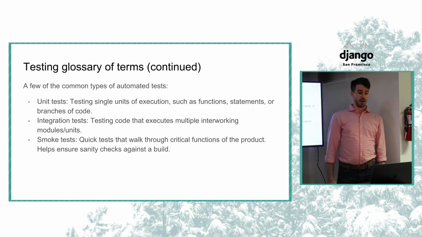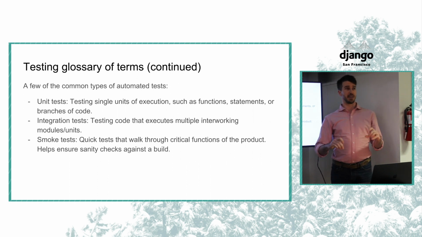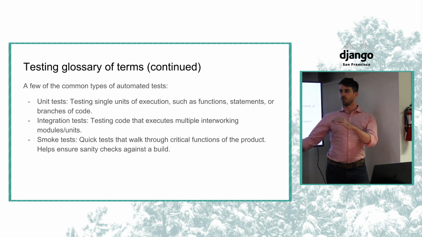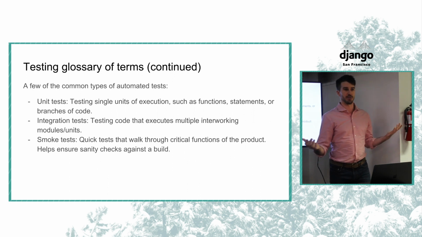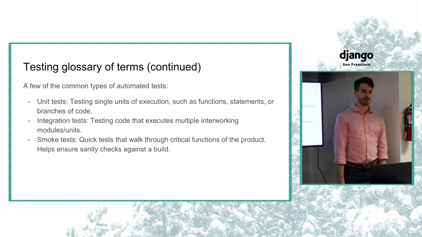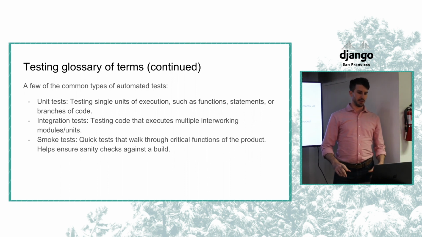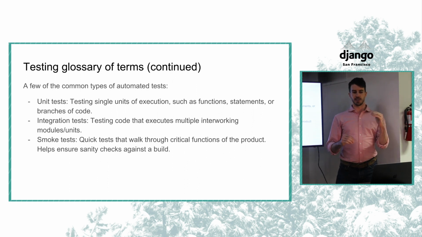Integration tests are tests that test multiple interacting components or modules. So it's exercising a lot of code at once down one specific path of it. For example, writing a test that renders your whole marketing side of your application and just verifies that it renders. That's an example of an integration test. A smoke test is a very quick test suite that you can run when you're about to deploy, for example.